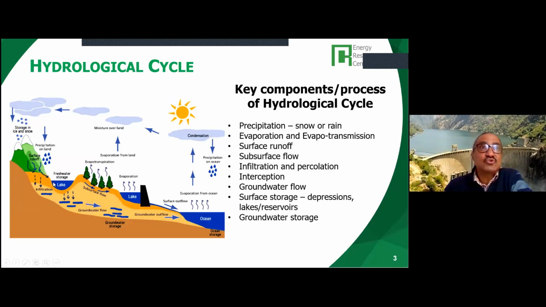And it is very important to have this infiltration and percolation because it recharges the groundwater aquifers. And these groundwater aquifers are the sources of the dry season flow. So when there is no rainfall, you still see water flowing in the rivers. That flow that you see in the river when there is no rain is what is known as the base flow or groundwater flow.